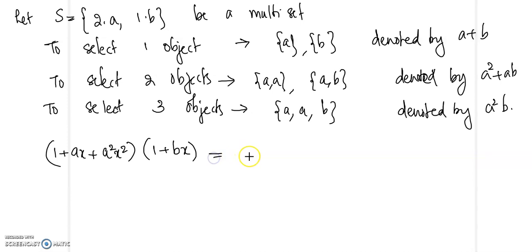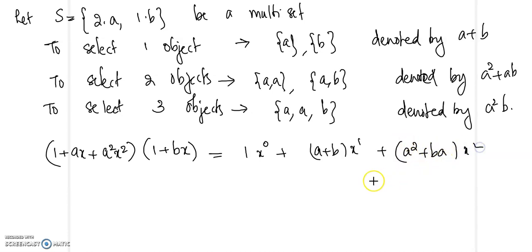If you look at the expansion of this, you are going to get 1 x raised to 0, then the coefficient of X is A plus B, then the coefficient of X square is A square plus AB, and then A square B X cube. So these are going to be the coefficients of the expansion of this function.